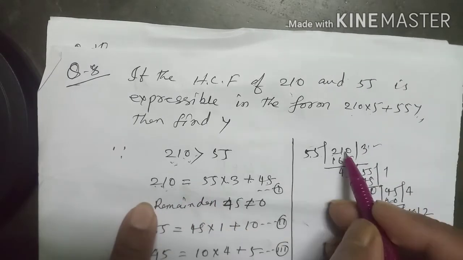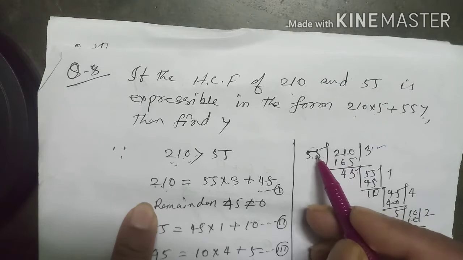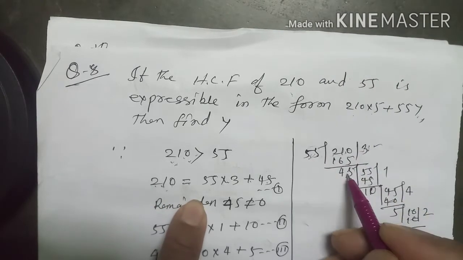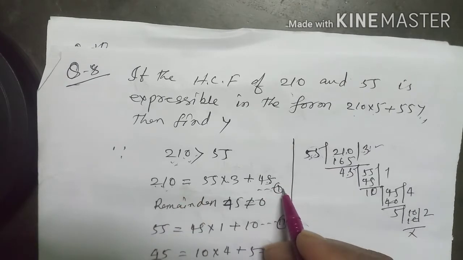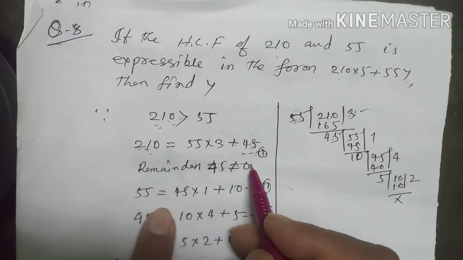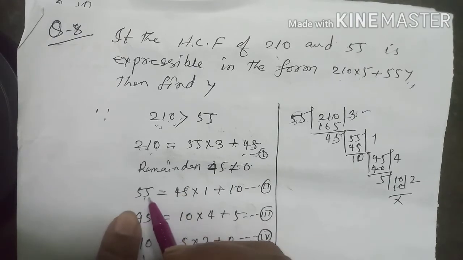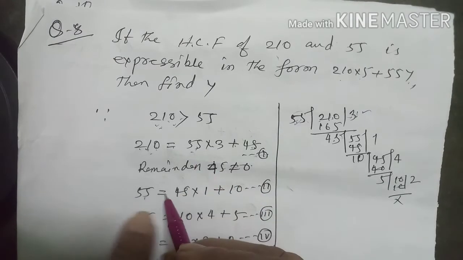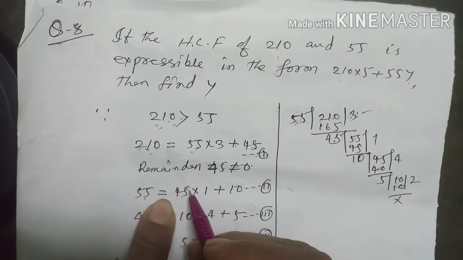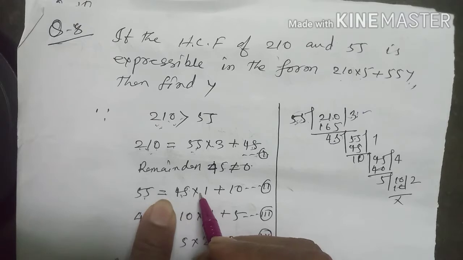That means 210 equal to divisor into quotient plus 45. This is equation 1. Here remainder is 45, not equal to 0. Now we divide 55 by 45. 55 equal to 45 into 1 plus 10.